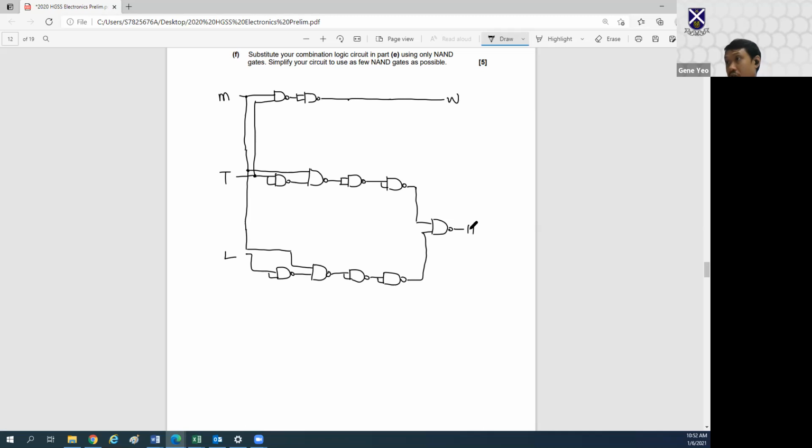This is my NAND. So this is all my universal gates.